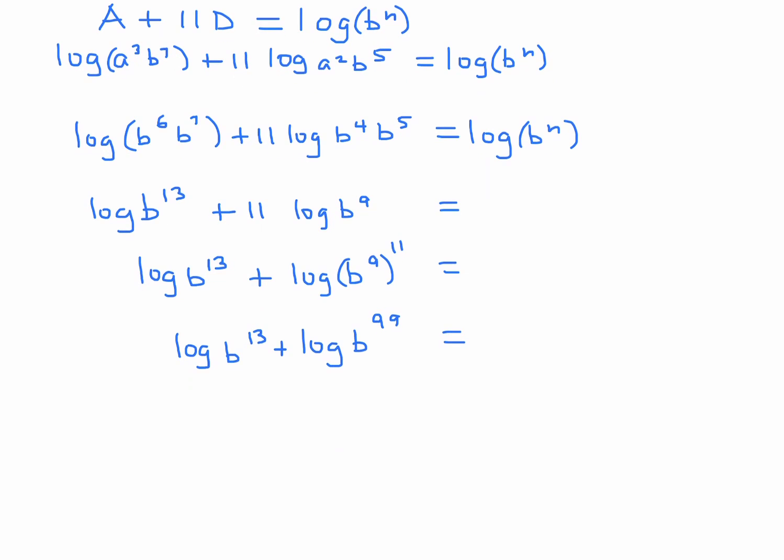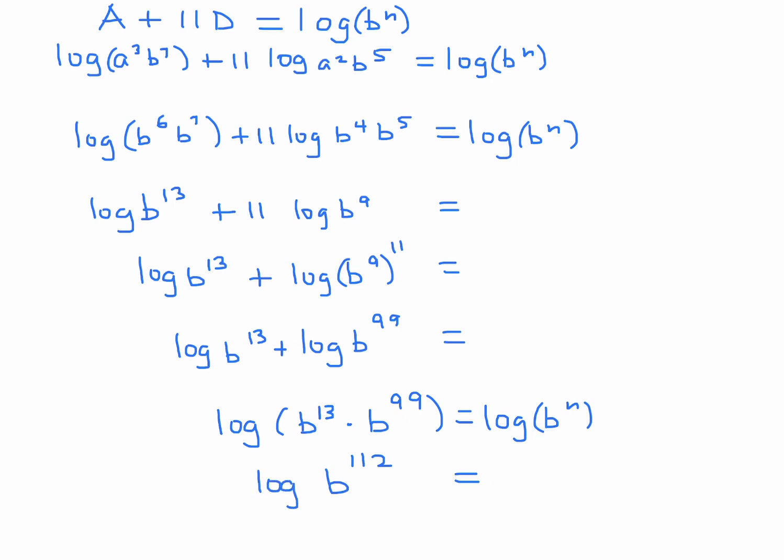And you multiply them now. Log rules, b to the power of 13 times b to the power of 99. And that is log of b to the power of n. And then finally, this becomes b to the power of 112 is the log of b to the power of n. So there you go.